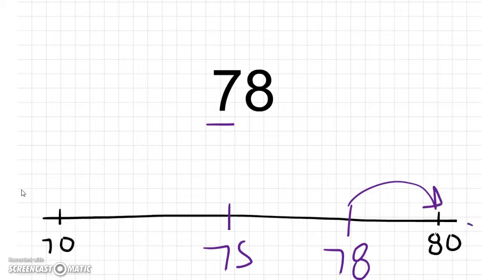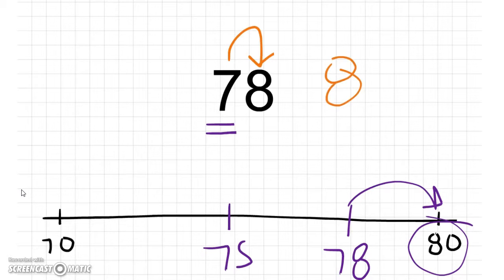So that's much closer to 80, so we should know that we're going to round up to 80. But if we don't have a number line to look at, we're going to underline the place that we're rounding to. We're rounding to the nearest 10. And again, we look at that neighbor. If that neighbor is a 5 or greater, then we're rounding up. So since this is an 8, we know that it's greater than 5. So we're going to round up to 80.